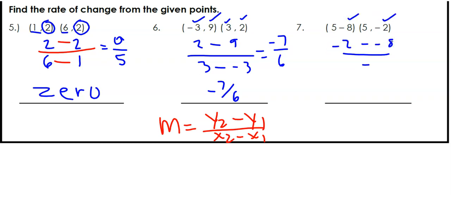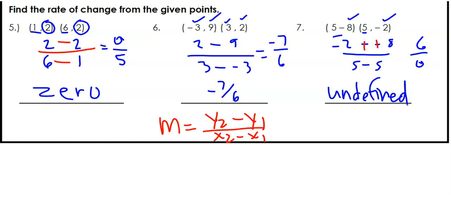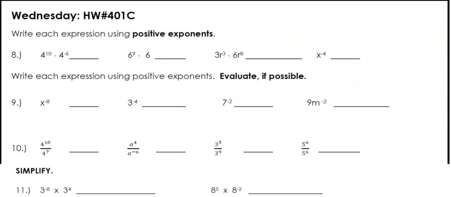We've got a double negative up there, and x minus x. So anytime you have two negatives in a row, you can change it to a positive. So that's 6 over 0. But a 0 in the denominator is undefined.